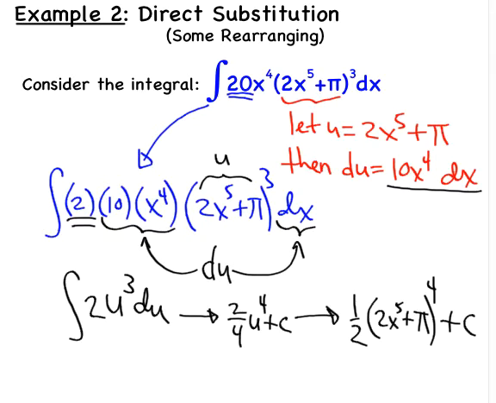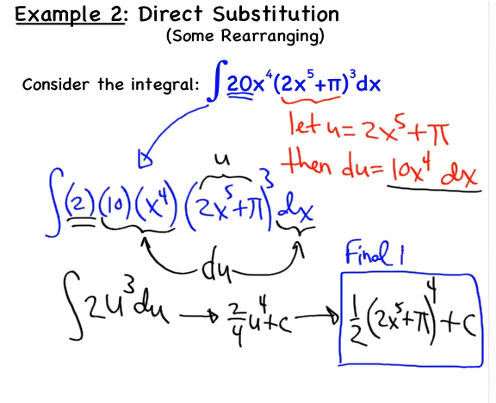This is our final answer. Again, if you want to check your answer, you can apply the derivative using chain rule, and it will return to you the function that was in our integral at the beginning.